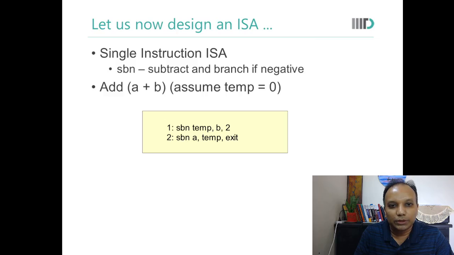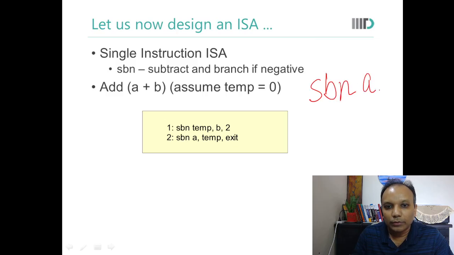So, what does this instruction say? If you have an instruction like SBN A, B, and some line number where you need to jump, when will this jump happen?